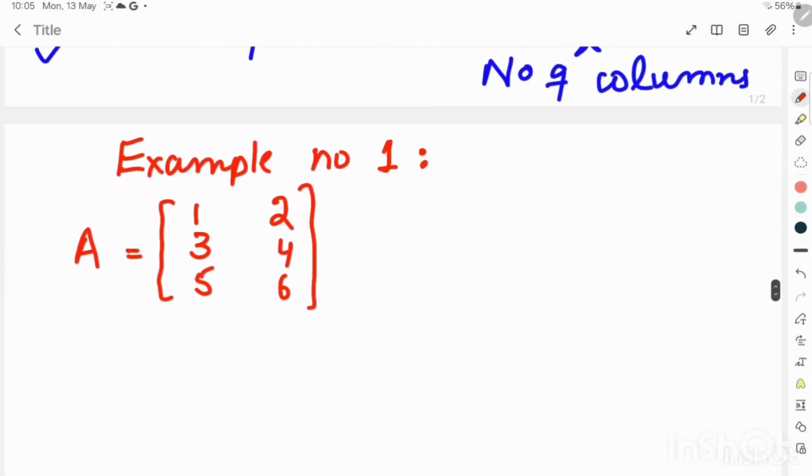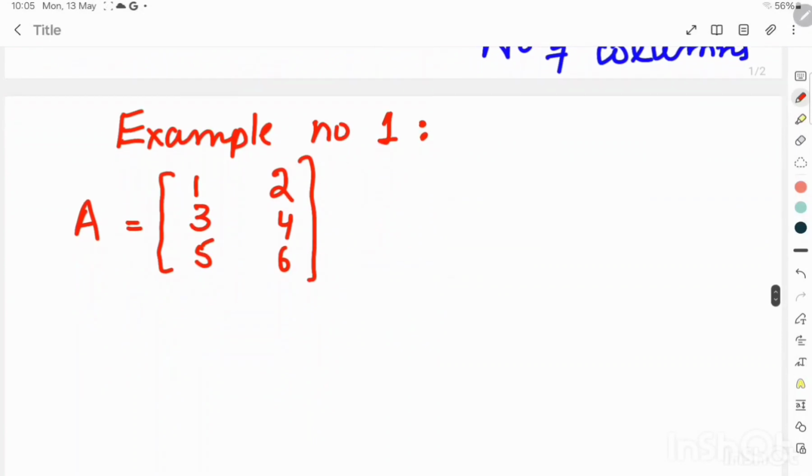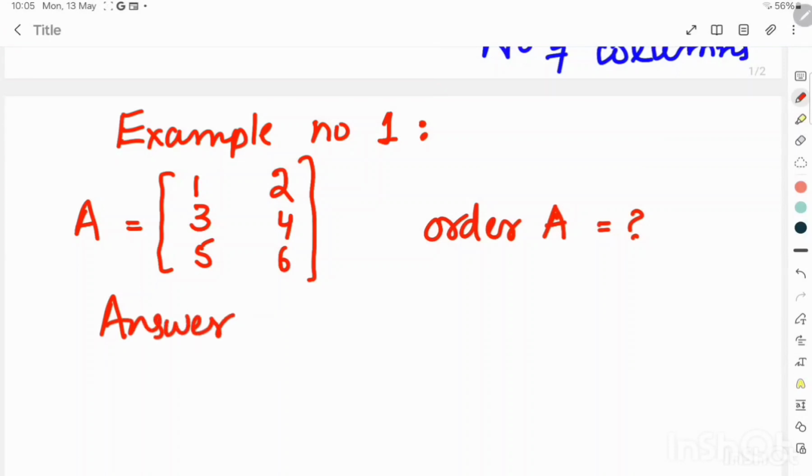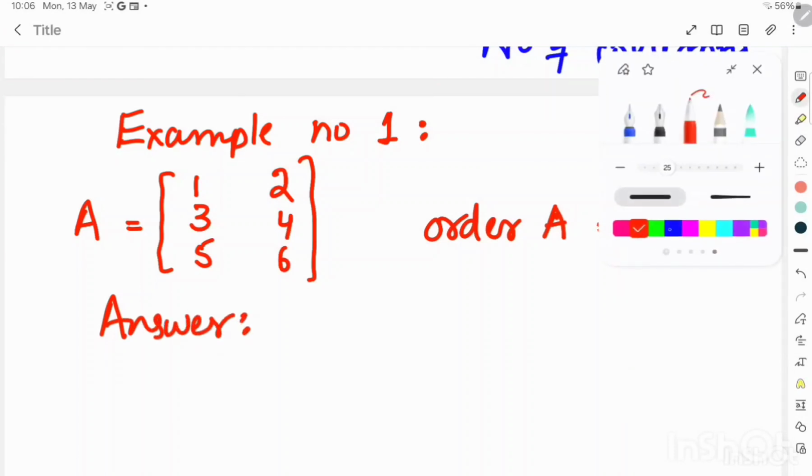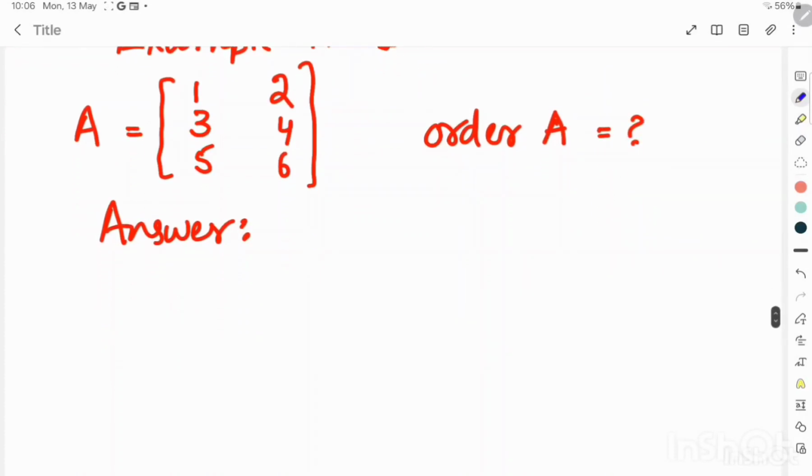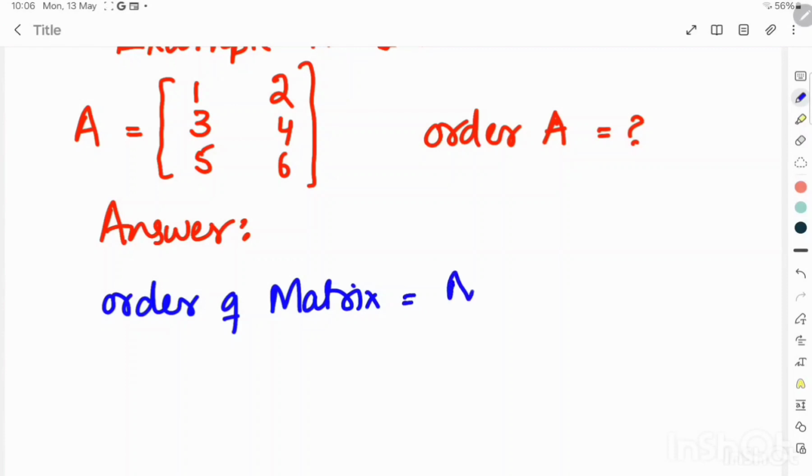Now I have to find the order of matrix A. So I will use the formula, as I already told you: order of matrix is equal to number of rows multiplied by number of columns.